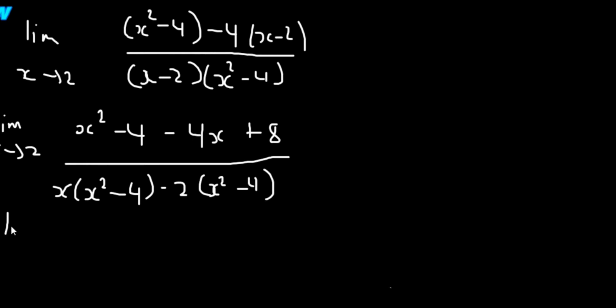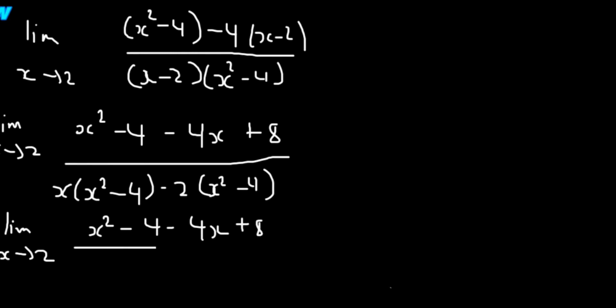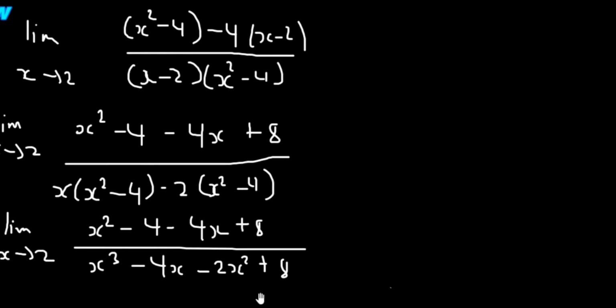So this will be the limit as x approaches 2. So that will be x squared minus 4 minus 4x plus 8. So let's keep expanding. So that will be x to the power 3 minus 4x minus 2x squared plus 8. Okay, so this is what I have now.